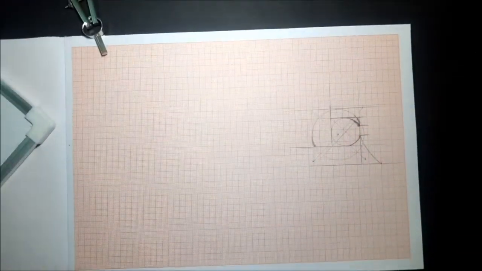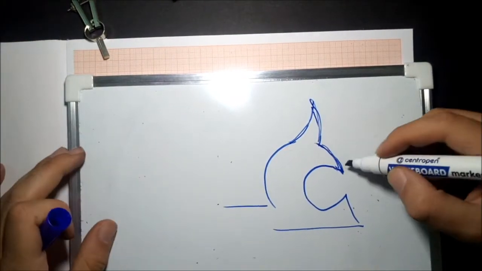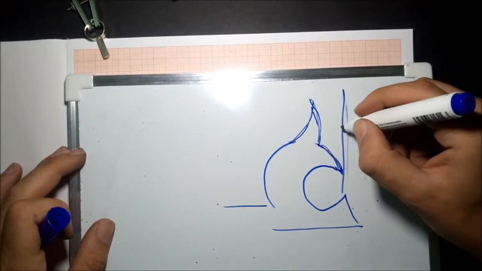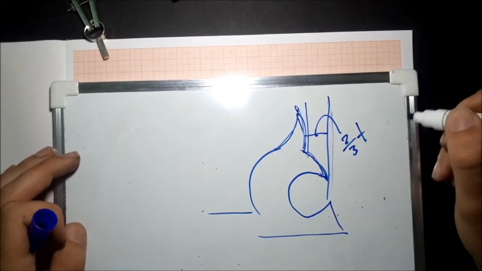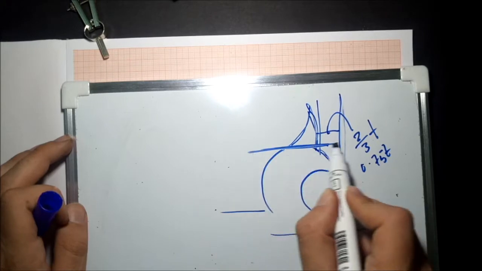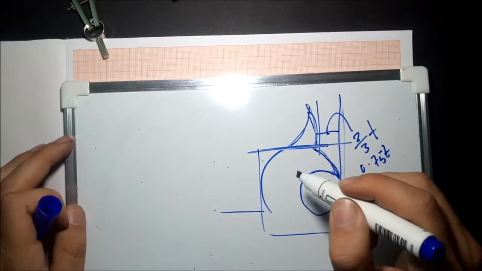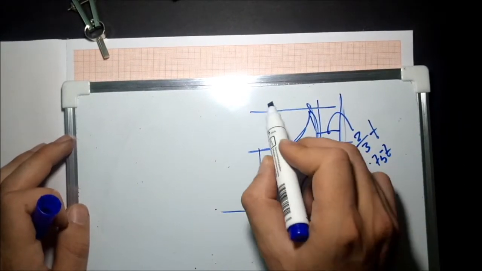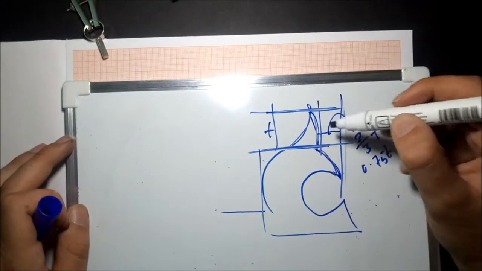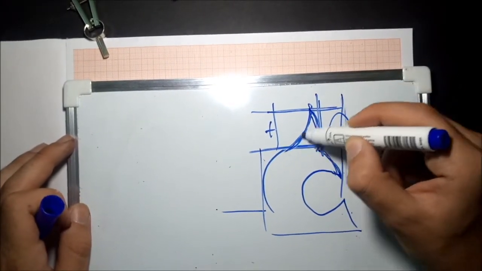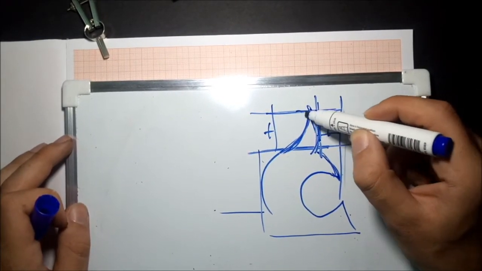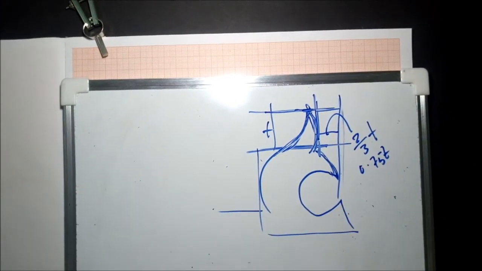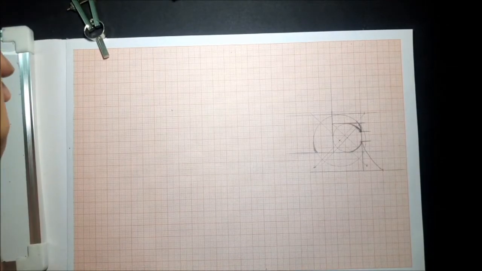So to draw that, we're going to take this line, move to 2/3 t, and from the upper part of the bigger circle, we are going to take the full thickness t to locate this line, and then we can draw the decorative move, given that this is a tangent and this is where it will end. It's a free-handed thing to do, or using the curve tools that we've talked about.